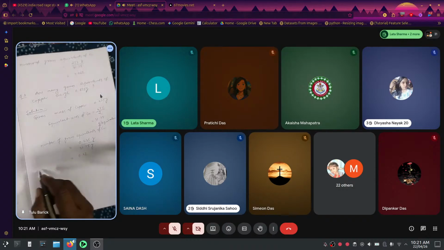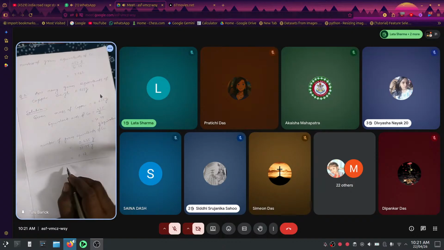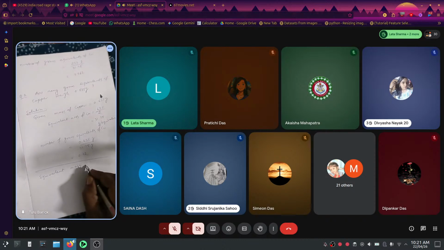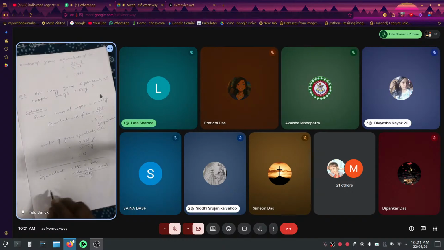So next, equivalent mass of base is equal to molecular mass by acidity. Acidity means the number of OH groups present in it.